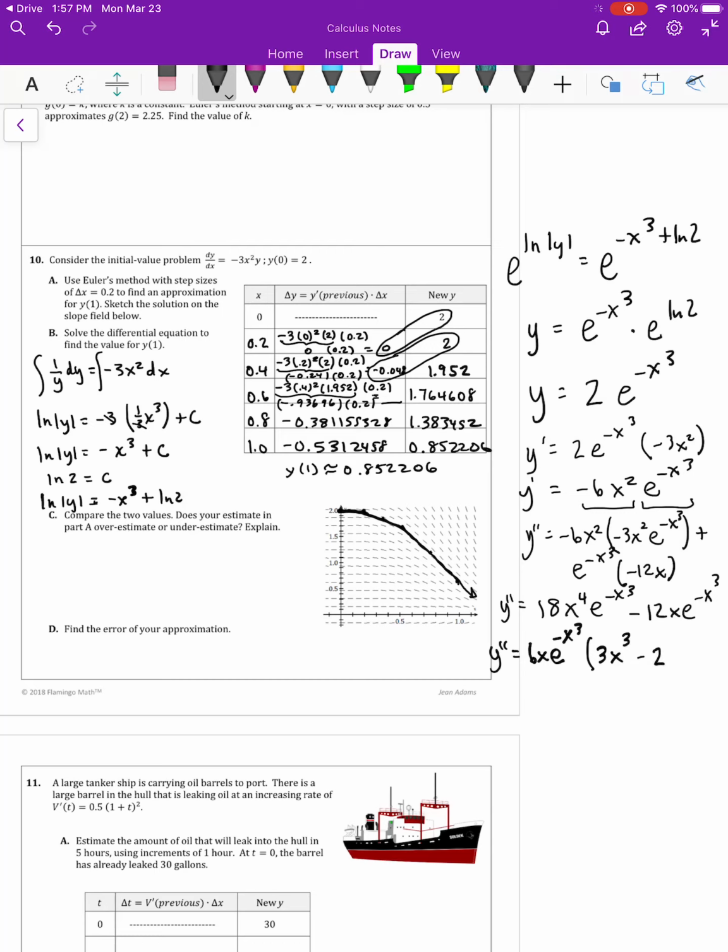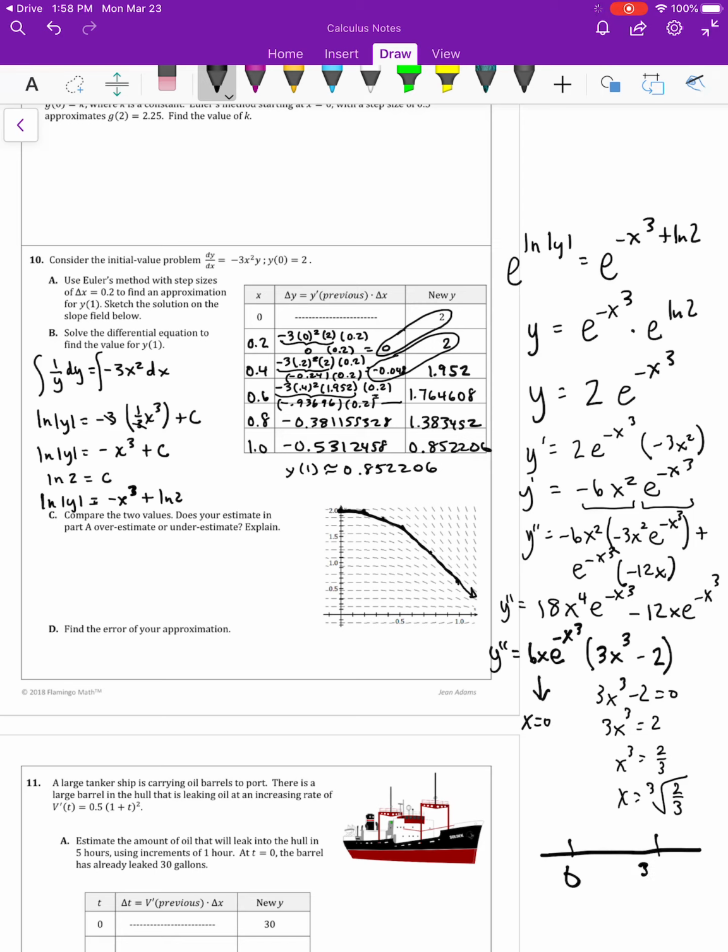That would leave me with 3x cubed minus 2. And then, of course, x equals 0 would be a critical point. And if I set my 3x cubed minus 2 equal to 0, 3x cubed equals 2. X cubed equals 2/3. And so x equals the cube root of 2/3 would also be a critical point.